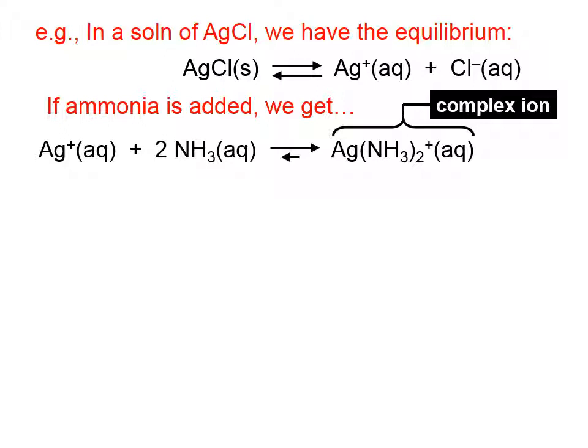If we then go to the top of the screen and look at this equation we've written, if we are removing silver ion from this side of the equation, then won't Le Chatelier say that we should shift to the right to try to replenish that? Well, when we shift to the right, what happens to the amount of solid silver chloride that we can see?